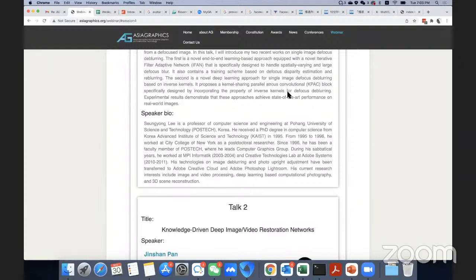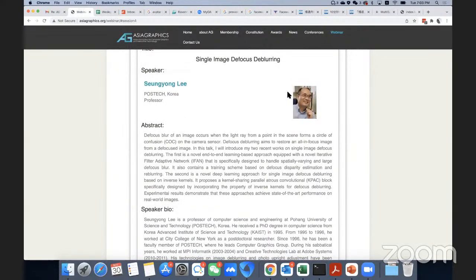That's where I used to work. So we knew each other for a long time, and we collaborated on many interesting projects. His most famous work is probably image deblurring and photo upright adjustment. Today he's going to talk about image defocus deblurring. So let's see what he's going to talk about.